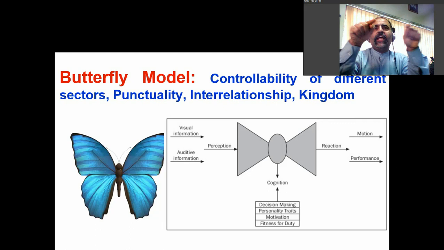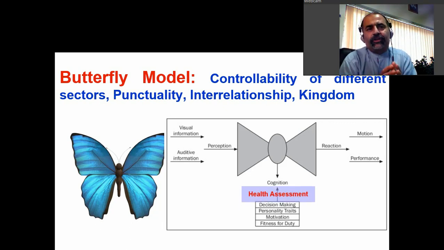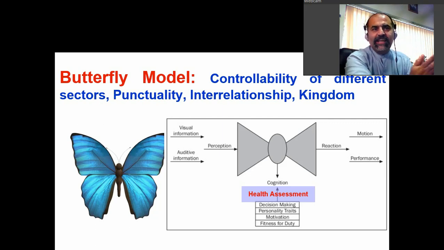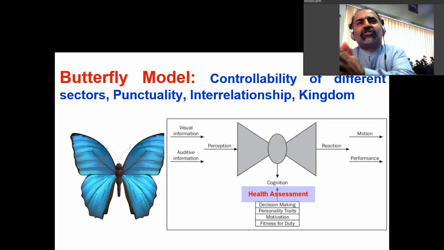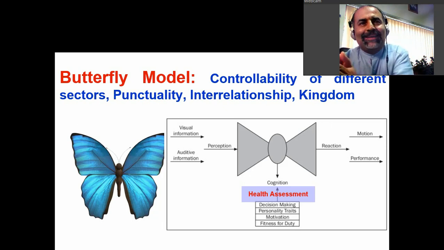But in the case of our concept and in the field of our context, the cognition is made through health assessment. So this is the criterion based on which we would be able to translate the perception to reaction, the condition to the action plan.